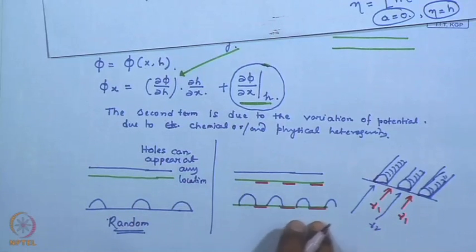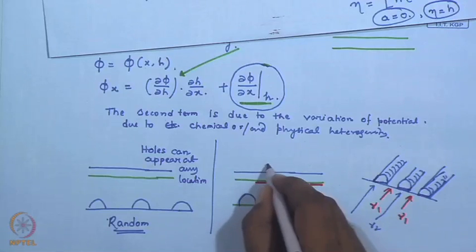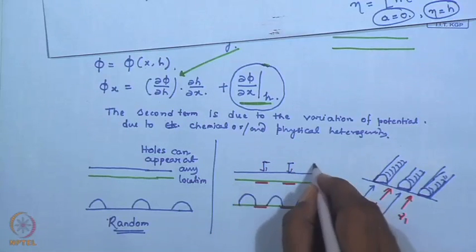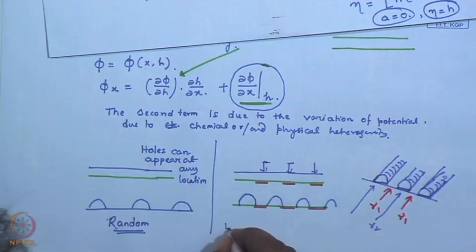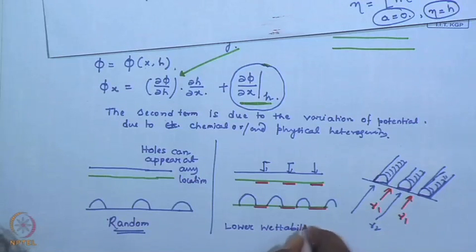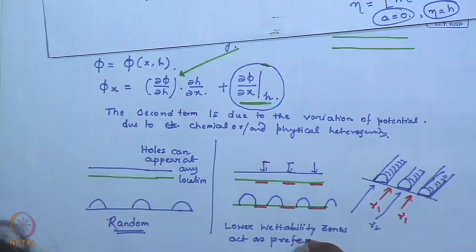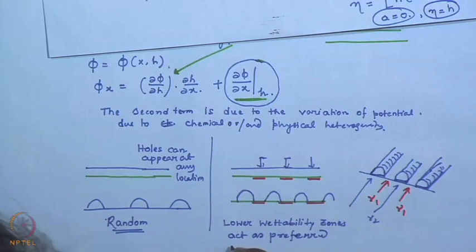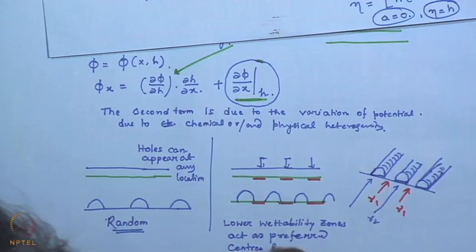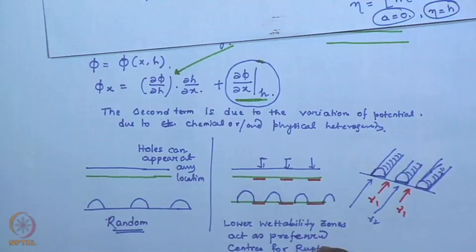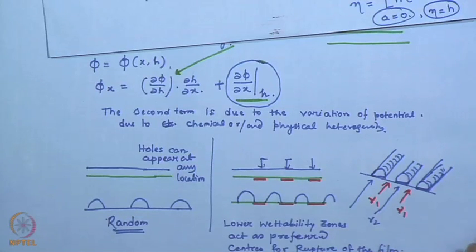In contrast, over here you have these zones which have lower wettability. So, the lower wettability zones act as preferred centers for rupture of the film, and therefore, the final resulting structures become strongly anisotropic.